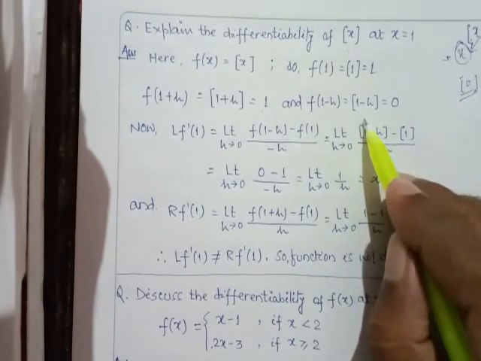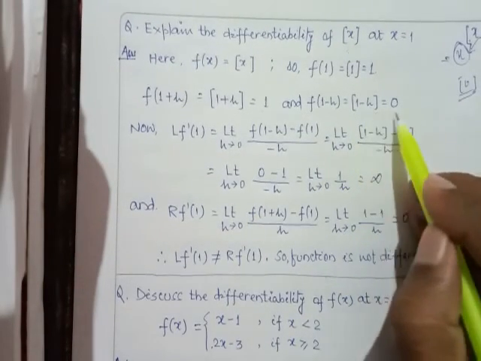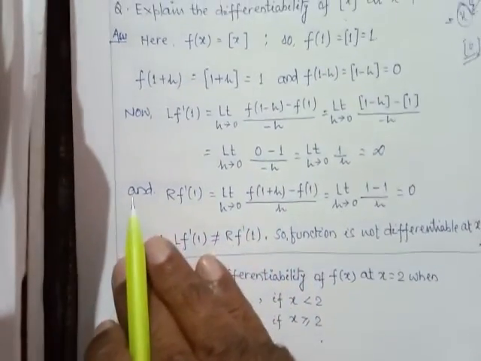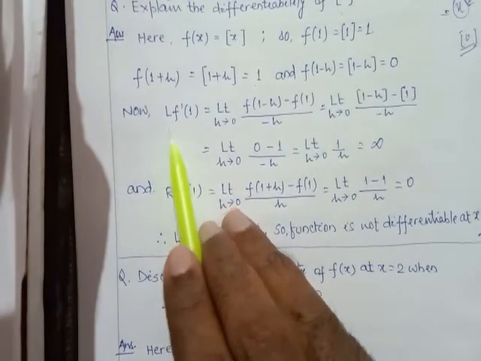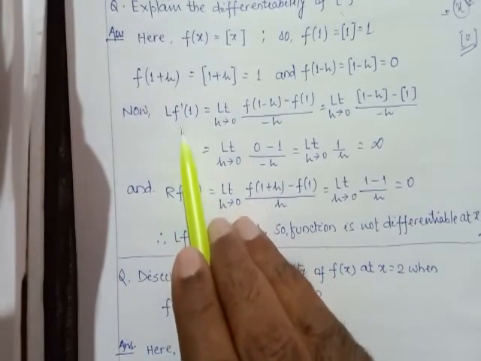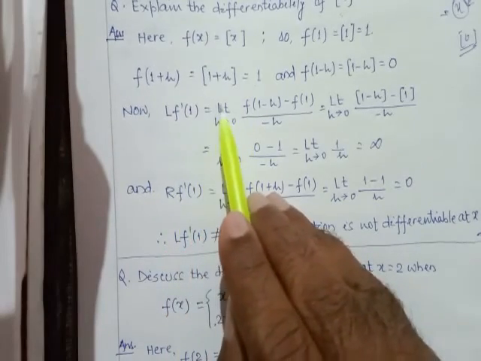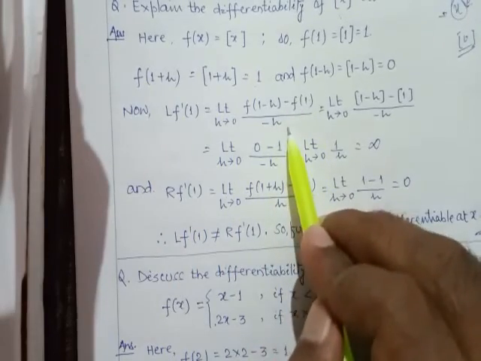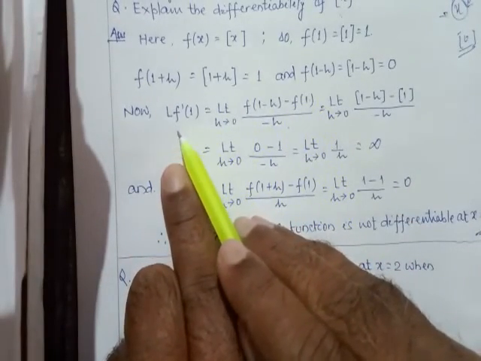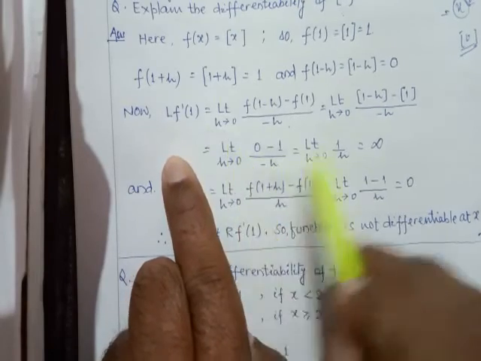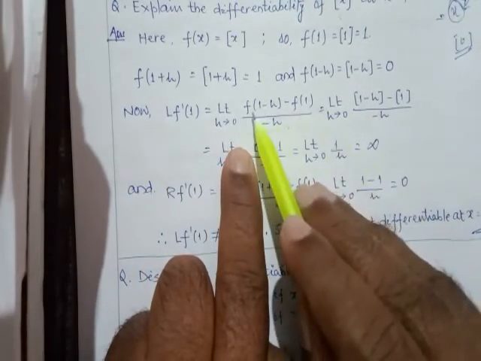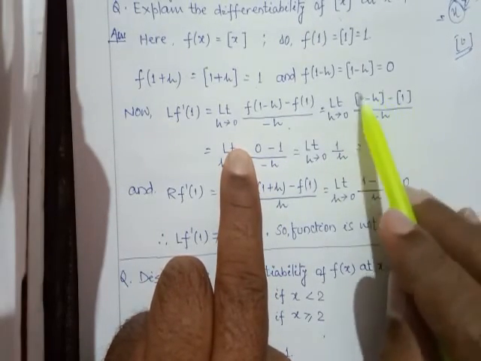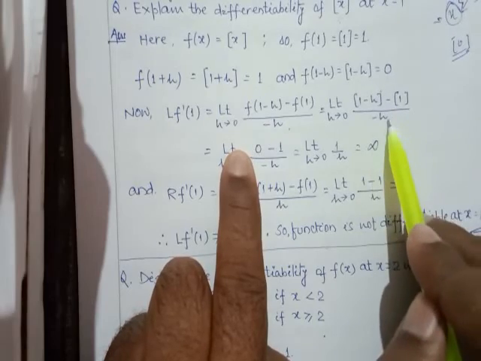So now calculate the left hand limit as well as the right hand limit. Write down the formula first. Left hand derivative is limit h tends to 0, f(1 minus h) minus f(1) upon minus h. This is the formula for the left hand derivative. Write down their values. f(1 minus h) is the greatest integer of 1 minus h, which is already calculated as 0.